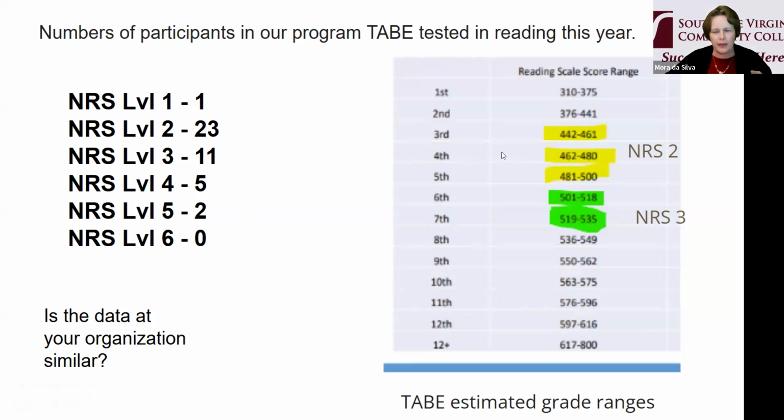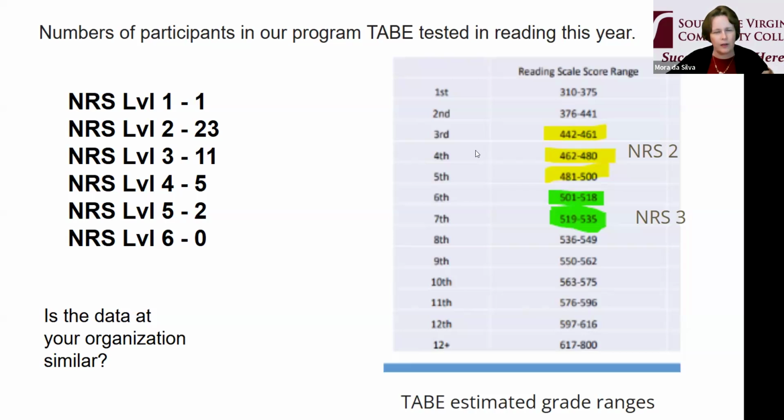So what does that mean? We do TABE testing, so level 2 is coming up here, third, fourth, fifth grade, and this is the recent chart from TABE. So we have a lot of students right here, and I teach reading level 1 and level 2, and other teachers teach that too, and some of those teachers are here today.